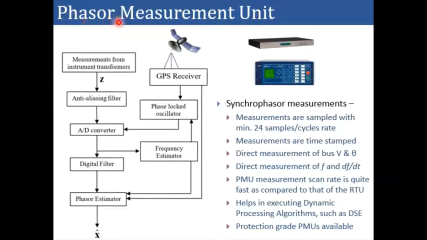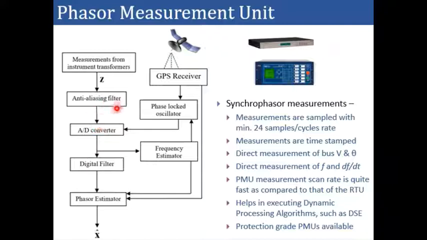Now let us see the architecture of the phasor measurement unit. So the measurements we get from the field, we use the instrument transformers, voltage or current transformers, to get the measurements. We use an anti-aliasing filter. We have just discussed why we require the anti-aliasing filter.